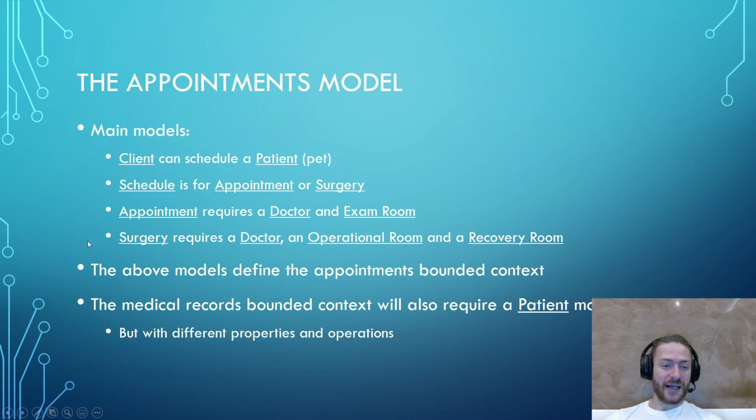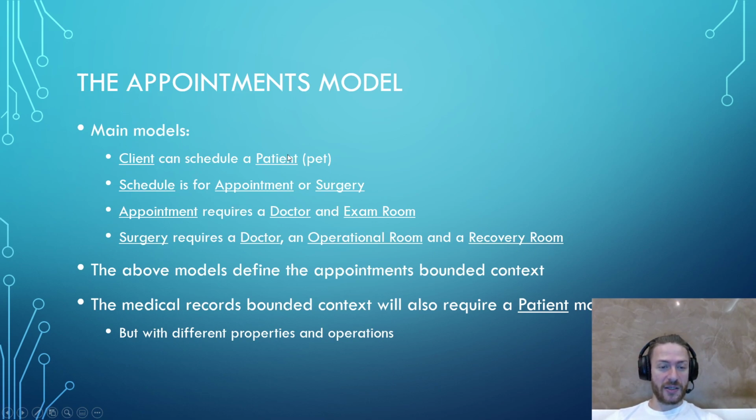So these are the classes we are going to create and some of the relationships between them. Appointments requires a doctor. Appointment requires an exam room. Schedule is scheduling appointments. Clients are filling their pets, and so on. So all these models will define the appointments bounded context because these are the appointments.